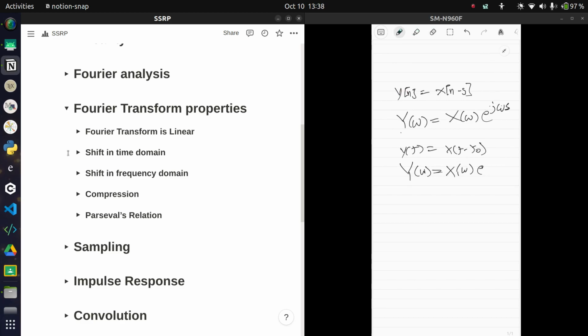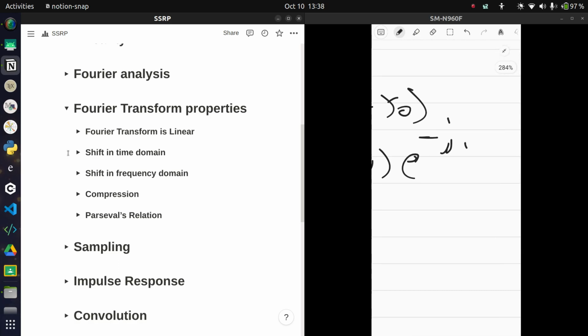Okay, let's make sure. In the n minus s, you put a plus s to cancel it out, but that's in the negative, so now you get negative s out. So it actually is in fact negative. And over here as well, you just have negative j omega t naught. Okay, that's it.